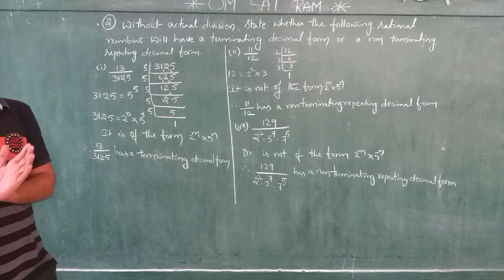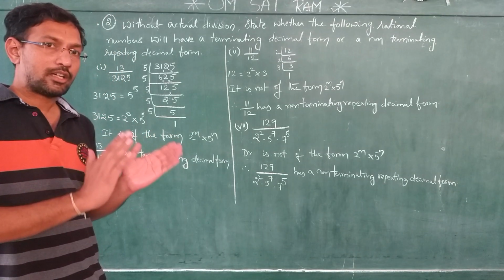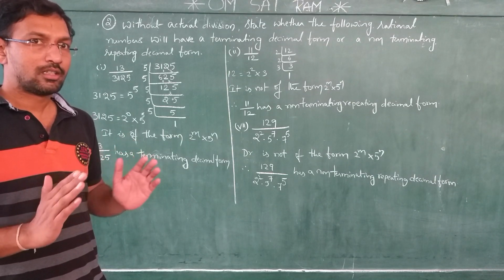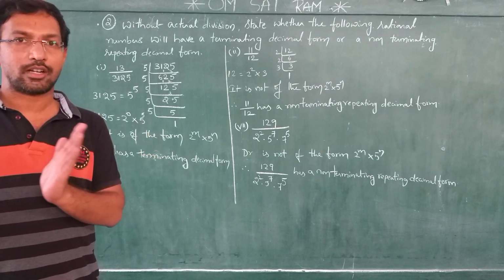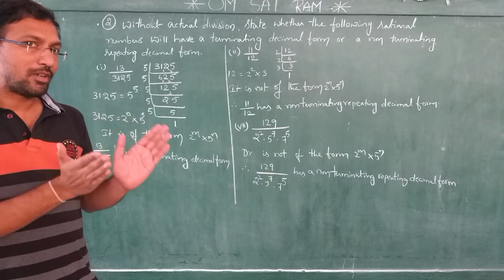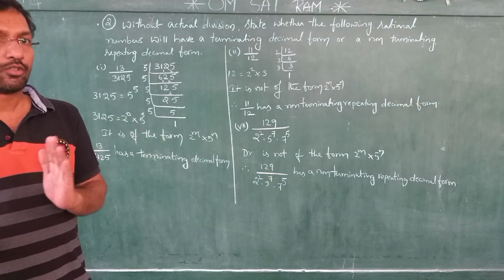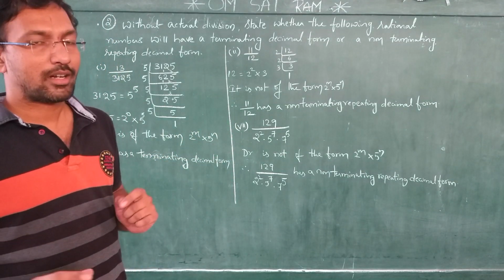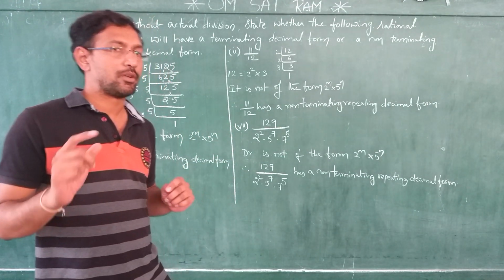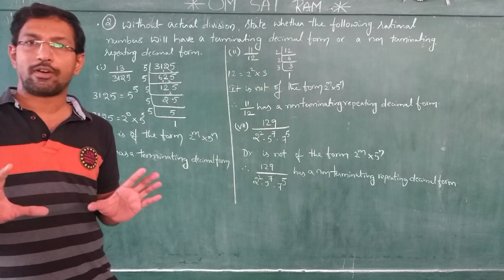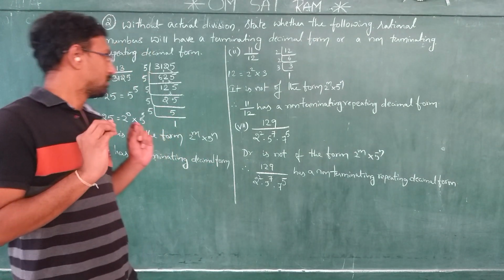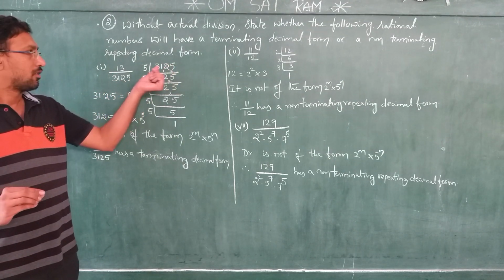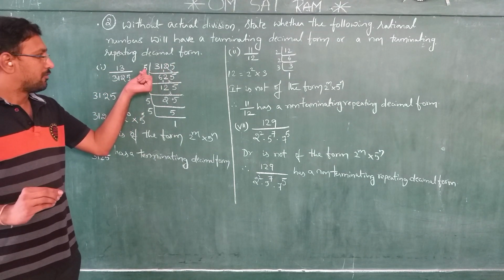We factorize the denominator. If the denominator is in the form of 2 power n into 5 power n, then the rational number has a terminating decimal form. If the denominator is not in the form of 2 power n into 5 power n, then the rational number has a non-terminating repeating decimal form. So we factorize the denominator first. Denominator is 3125. We factorize in the 5 table.